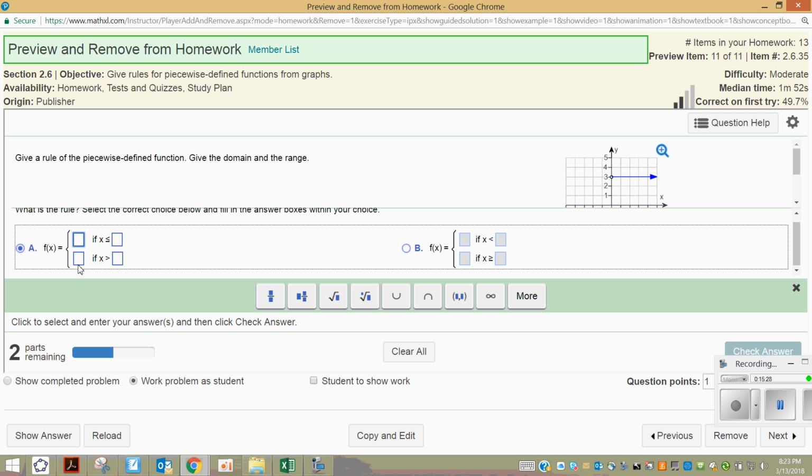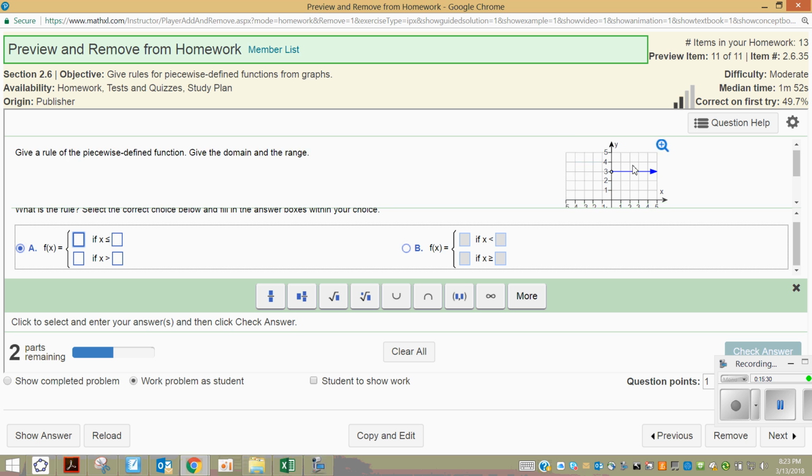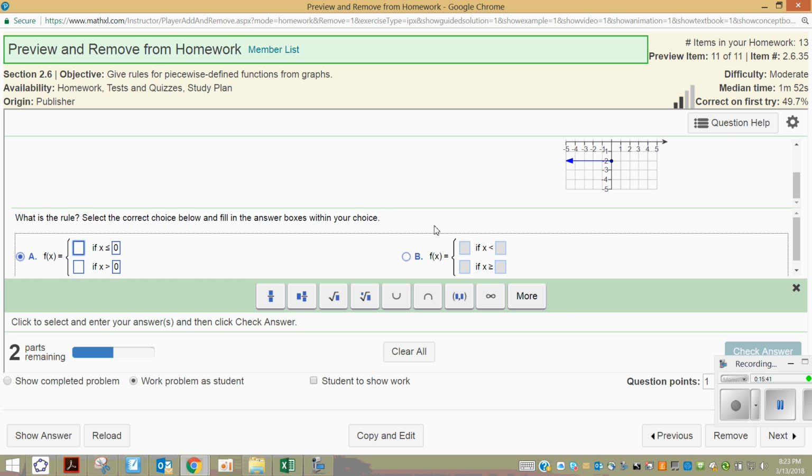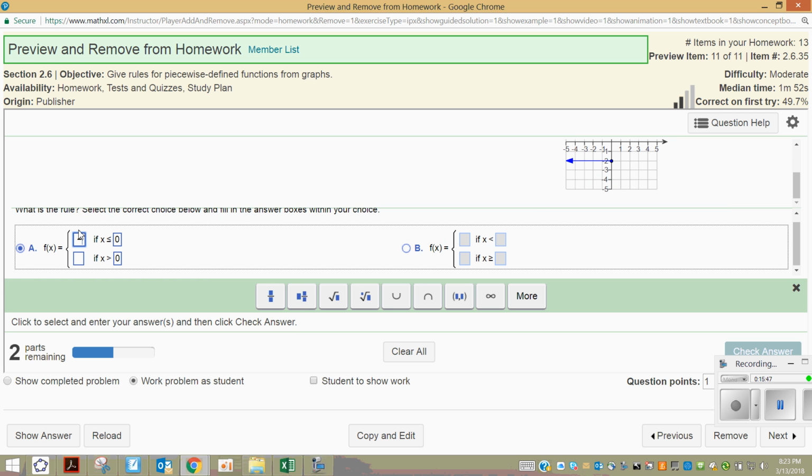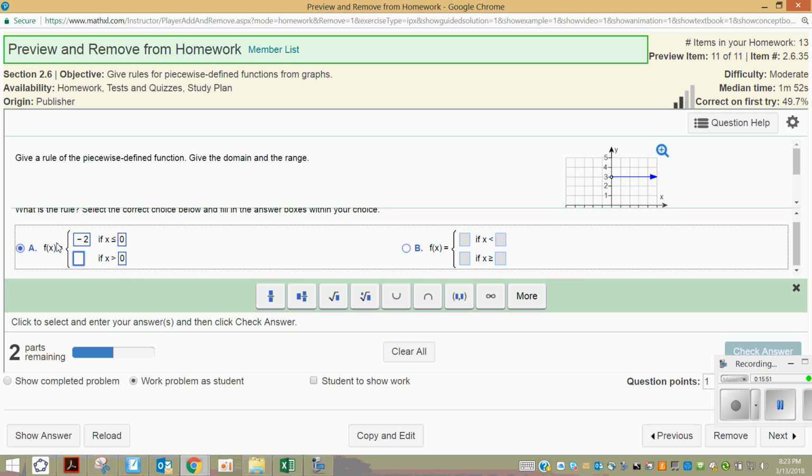And if x is less than or equal to 0 is the place where the dots are for both of those. When it's less than or equal to 0, y is negative 2. And when x is greater than 0, y is equal to positive 3.